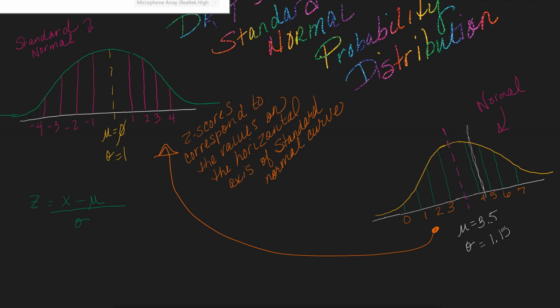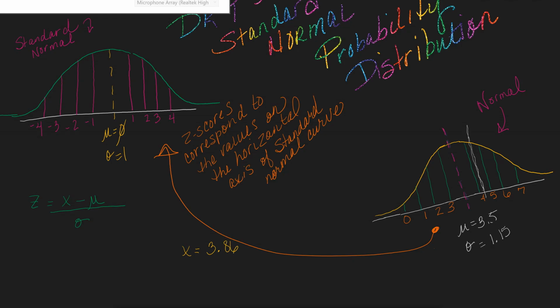Okay, so let's say that the x value we're really interested in, for whatever reason, is 3.86.